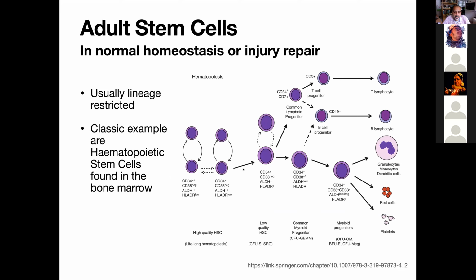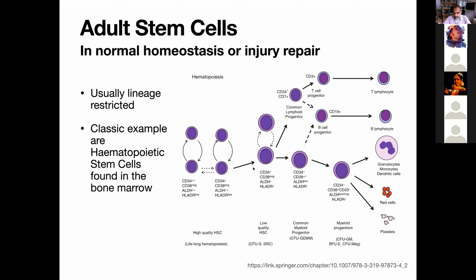They show very classic differentiation patterns, with a hematopoietic stem cell expressing or not expressing these markers, transiting to another cell type that expresses a different battery of markers, as that then transits to a progenitor cell type, for example a lymphoid progenitor, or ultimately erythrocyte progenitors and myeloid progenitors. So this is the classic stem cell system.